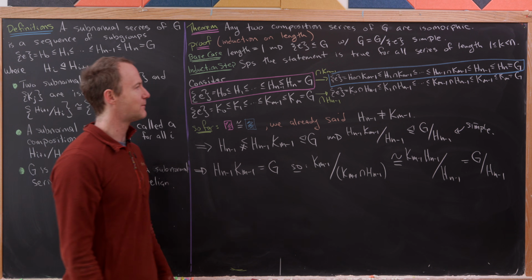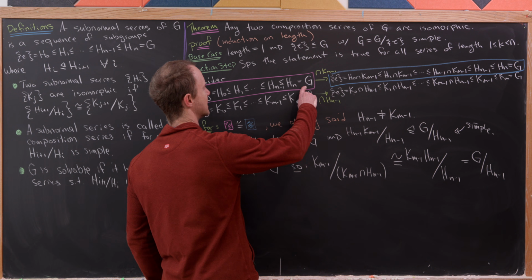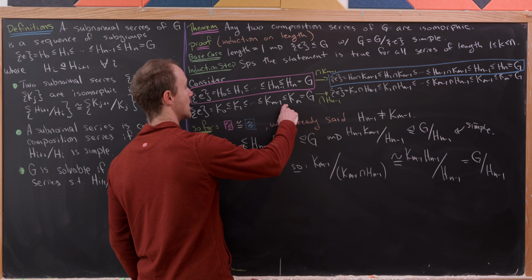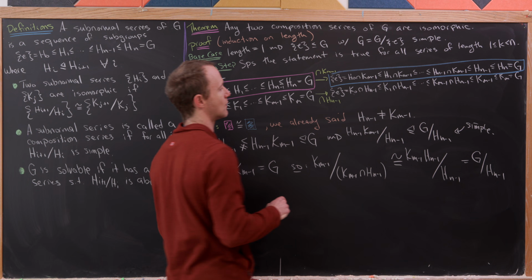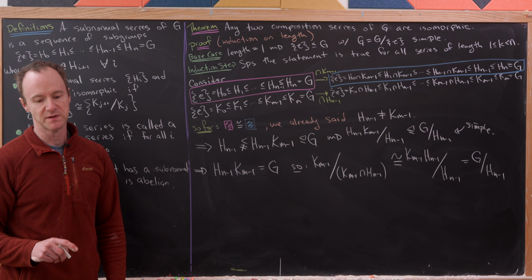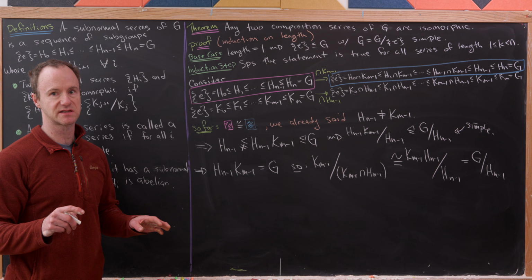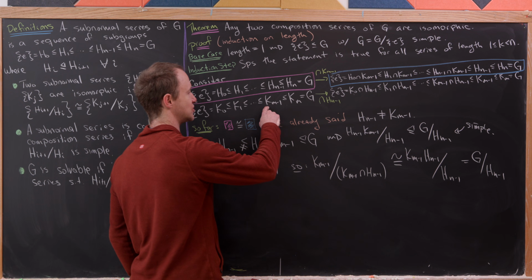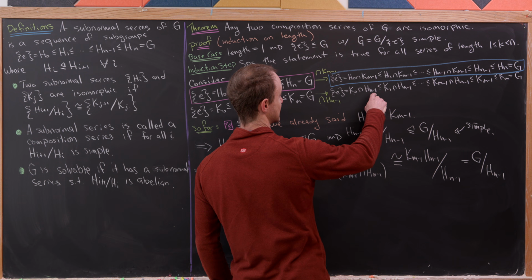But then by a parallel argument showing that magenta and blue are equivalent, we get that the one below magenta is equivalent to the one below blue. So that gives this chain of equivalences. This one under magenta is equivalent to this one.